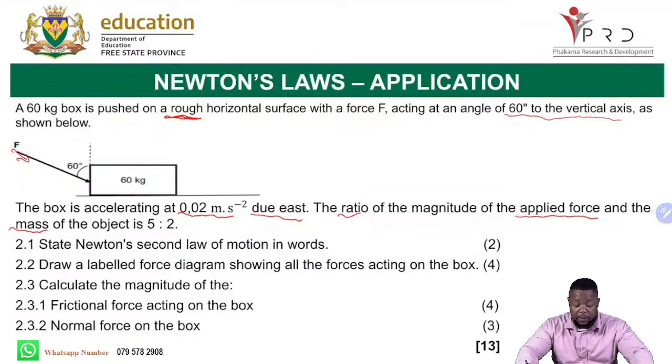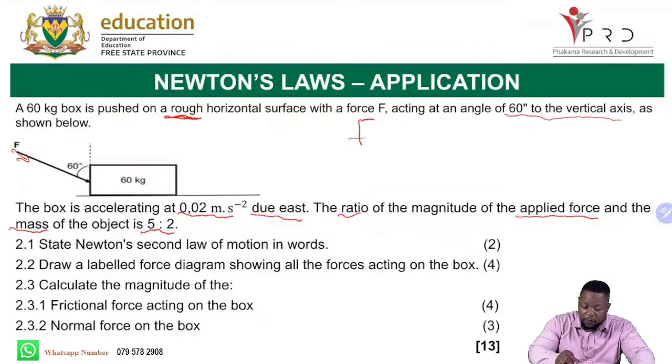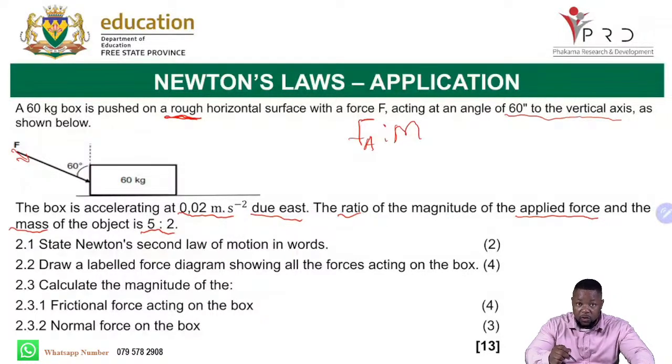This part of the information is very crucial. What is this telling us? We are being told that the applied force to the mass has a ratio associated to it, and the ratio is in the order that is given, 5:2.